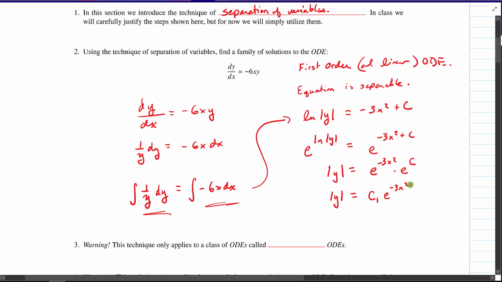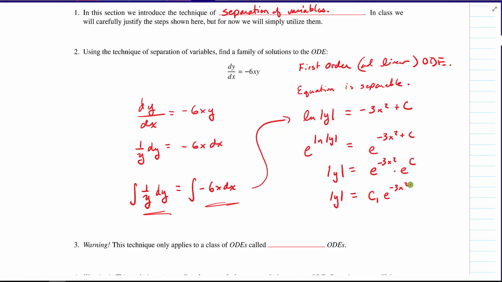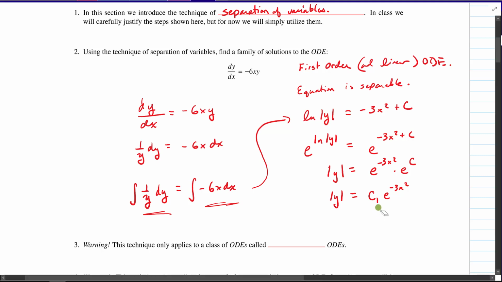Now in this class, and most people that are applying the technique of differential equations, are very sloppy with their constants. So I will still just call this c, even though this is a different c than we had before, because this c actually represents e to the c. And so here we're well on our way to having solved this for y.